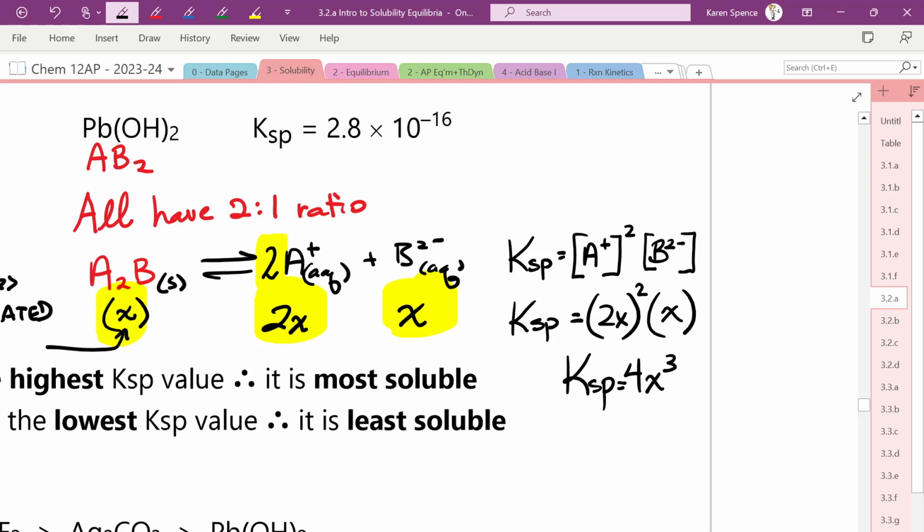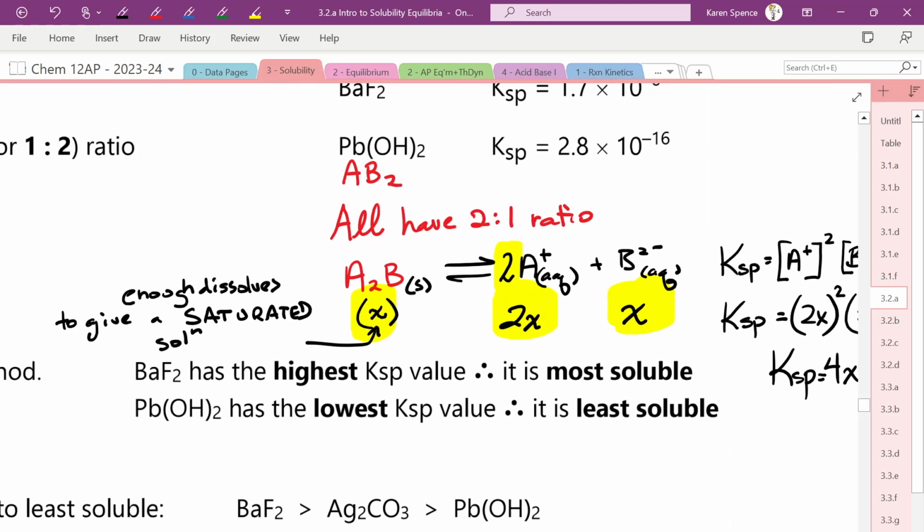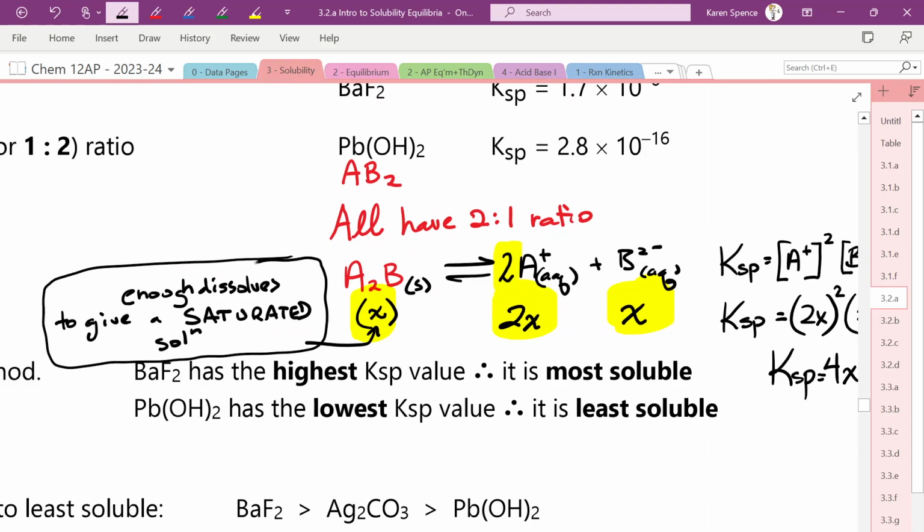Is that good? Okay. Now, we said that X was enough to give us a saturated solution, yes? The definition of solubility is the concentration of a saturated solution, yes?